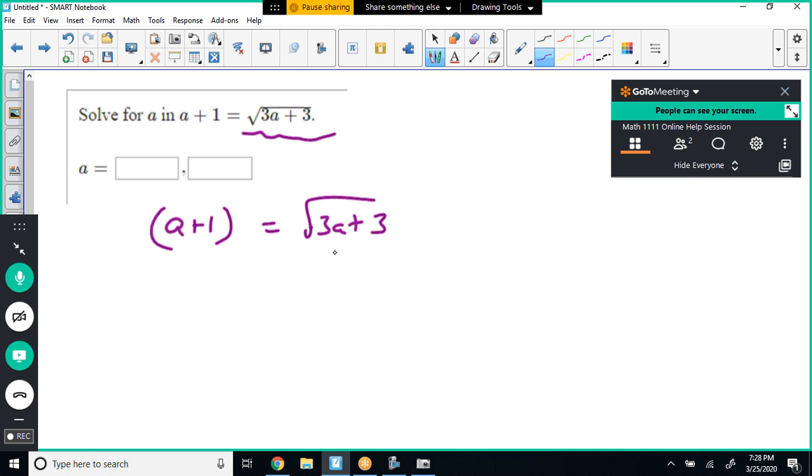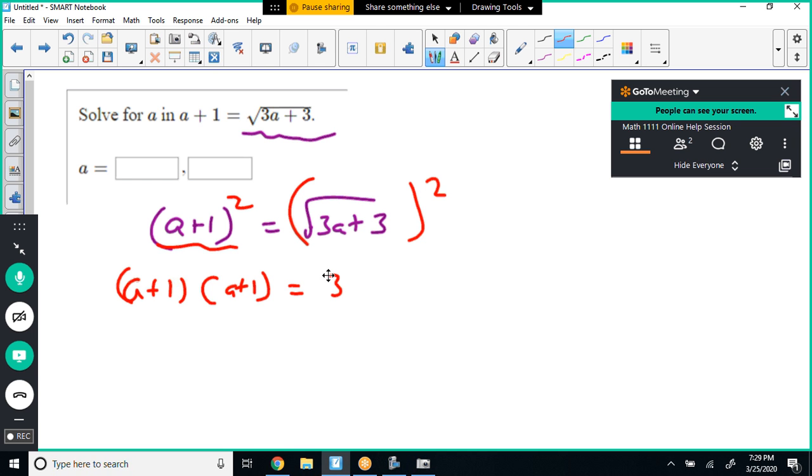Now we have a radical isolated, right? So we're going to square it, and then we're going to square this side over here. We have 2 of these, right? The right side is easy because it just cancels out the square root, not a problem.